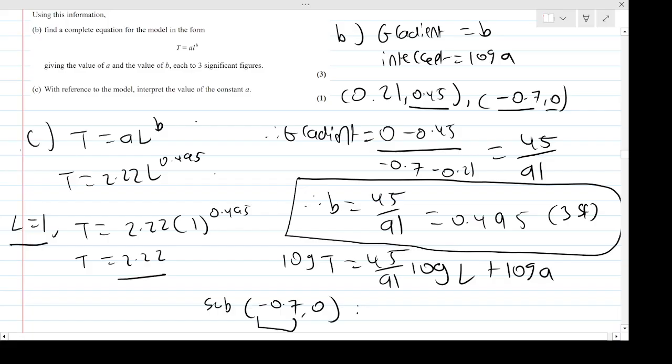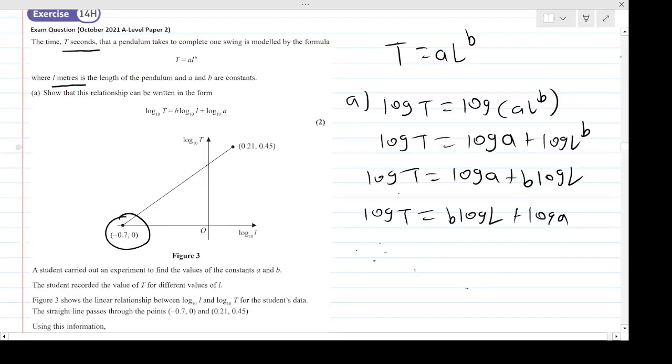But what's significant about L equal to 1? If we look at our model, L is the length of the pendulum, right? And T is the time it takes for a pendulum to complete one swing.